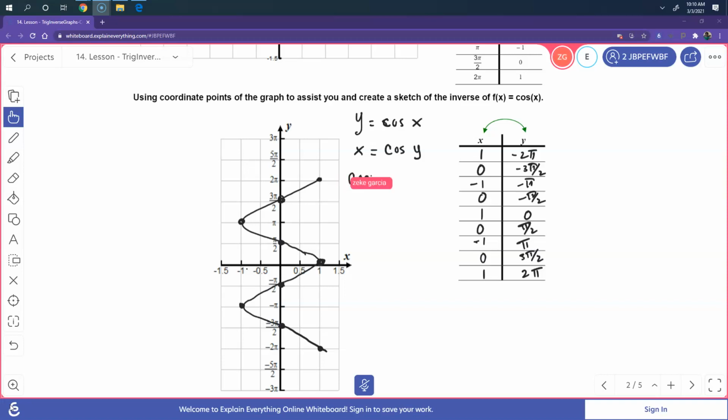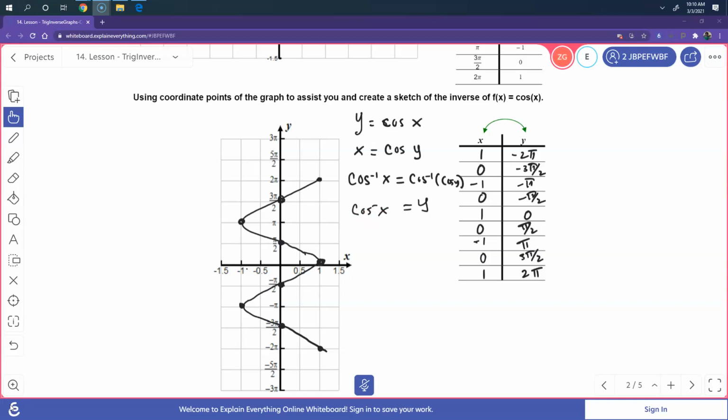So we're going to take the inverse of x, which is equal to the inverse cosine of x, and then we're going to take the inverse of cosine on the right side. So the inverse cosine of cosine is just going to be y equals the inverse cosine of x.